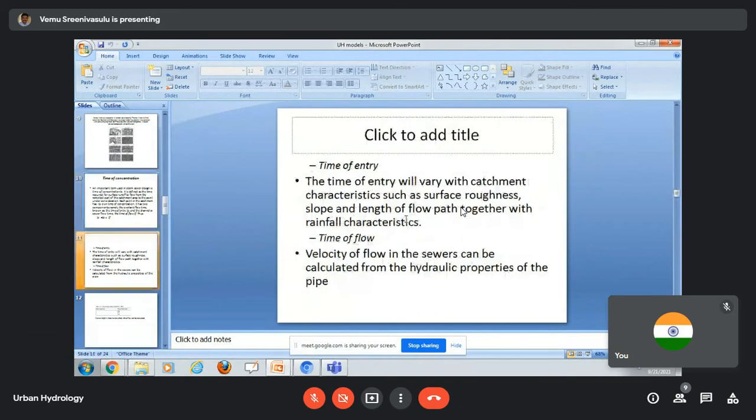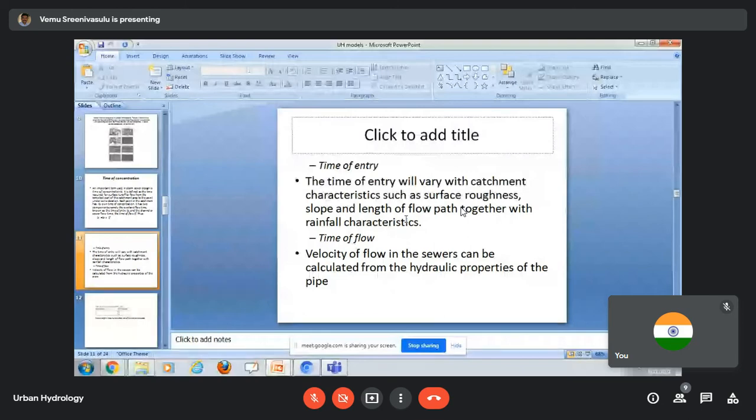The time of entry will vary with the catchment. As I said, if it is sandy soil, the velocity of the overland flow is slow because infiltration will be more, so the time of entry is high.